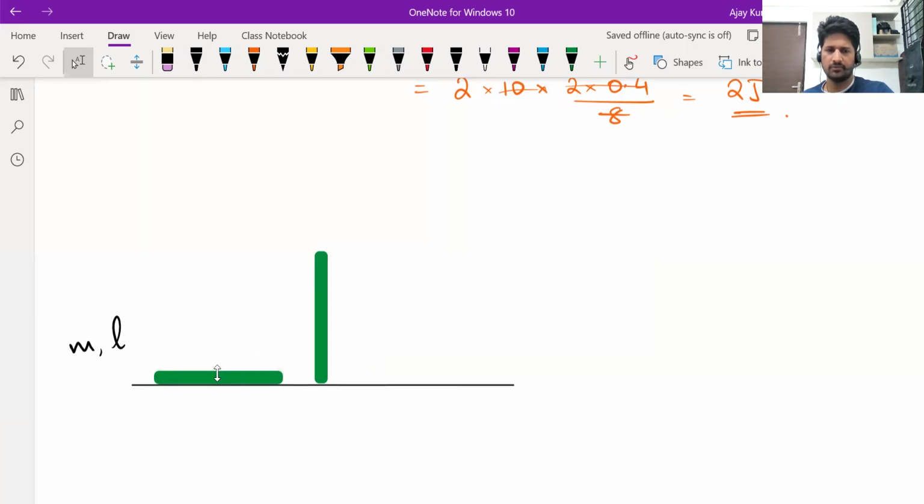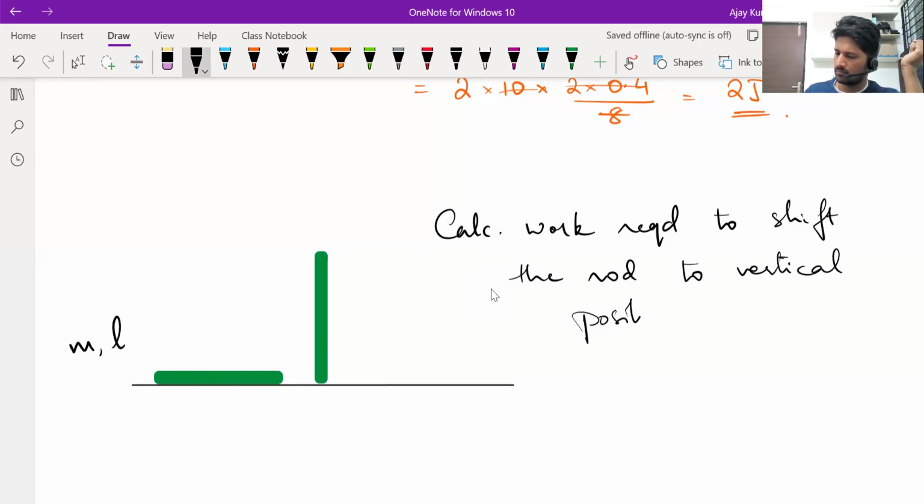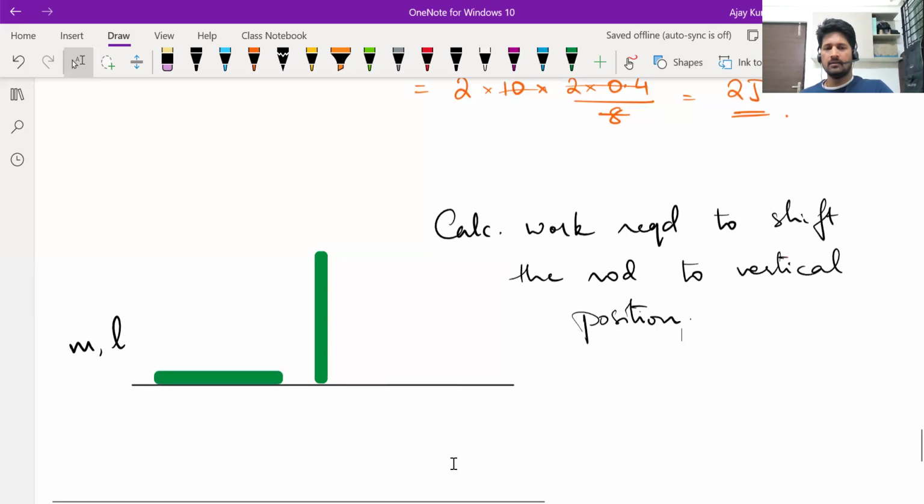Very simple question. You don't have to use pen and paper also. You can ignore the width of the rod.